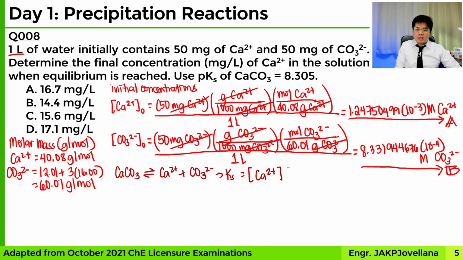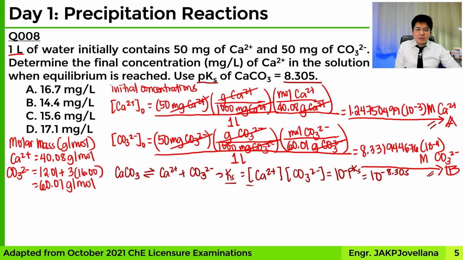So Ca2+ and CO3 2-. We are given the value pKs, which is 8.305, and to calculate Ks, this is equal to 10 raised to negative pKs, which is equal to 10 raised to negative 8.305.